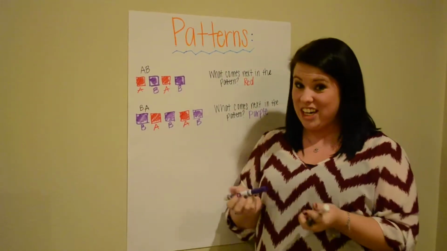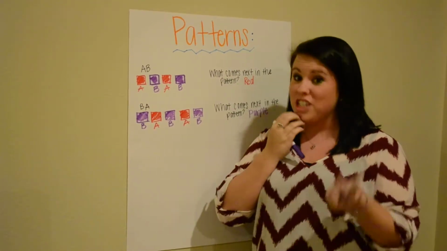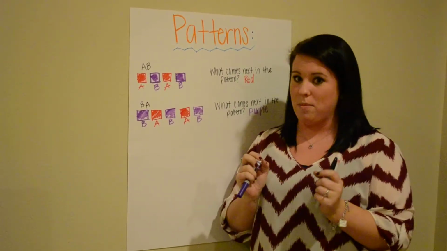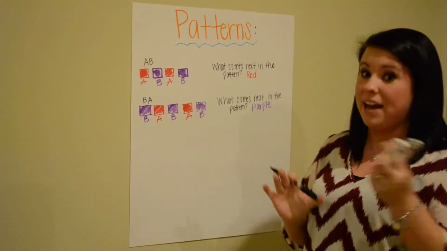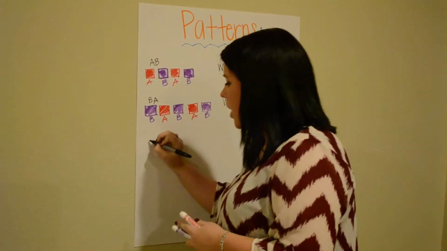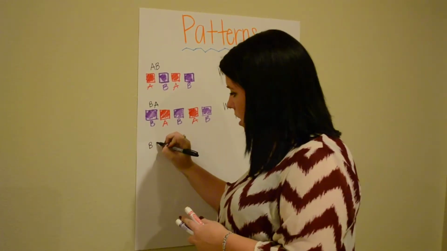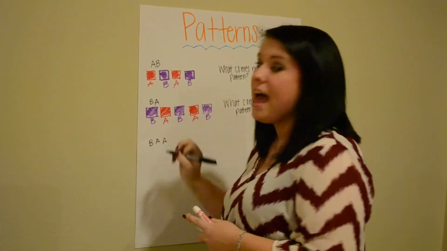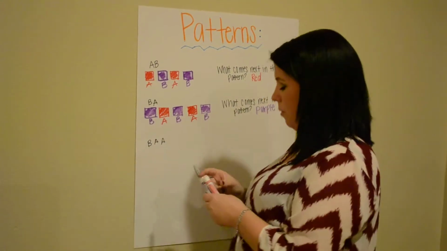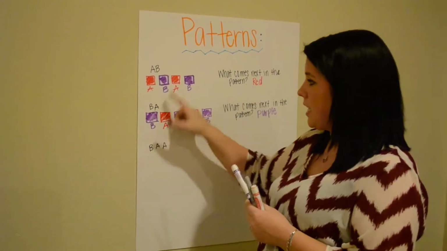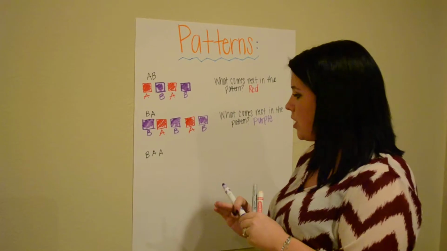Okay, do you think you're getting the hang of it yet? If so, let's make it a little bit more tricky. This time, we're going to add an extra step. We're going to do B, A, A. So, starting just like we did before, we're not going to change the colors.